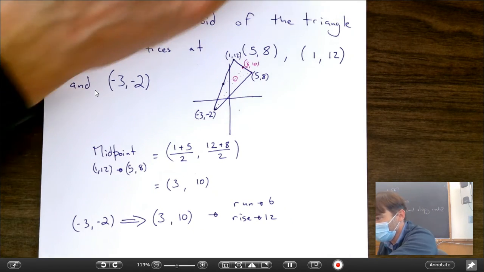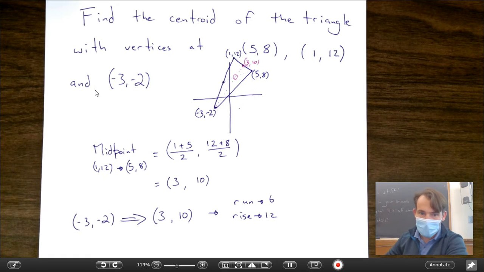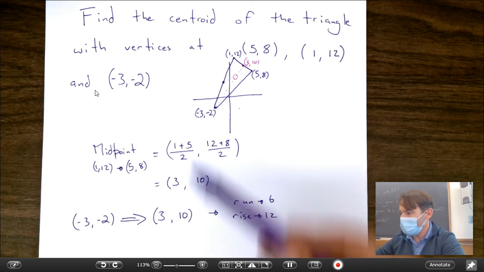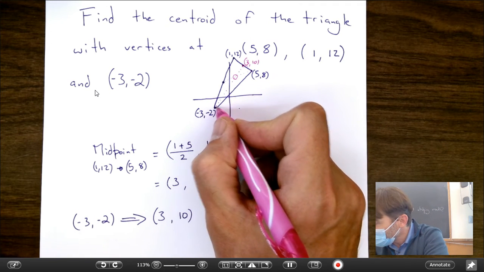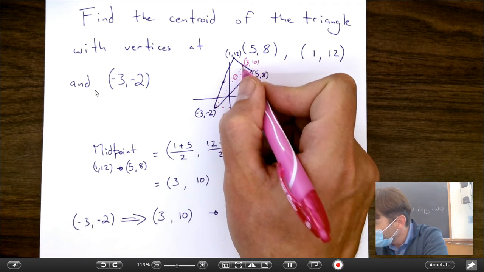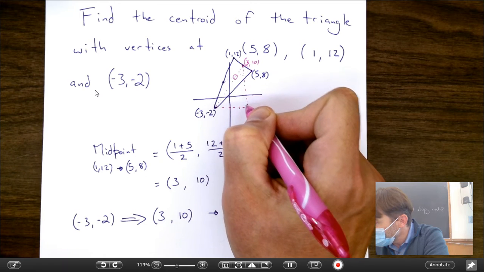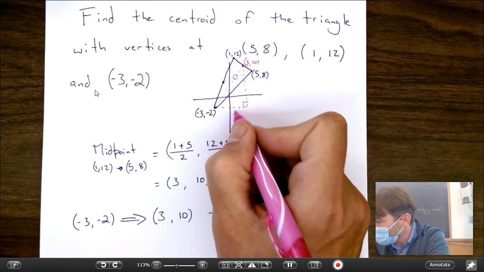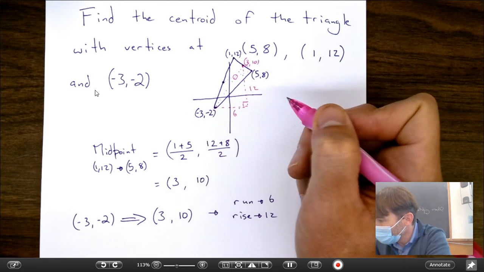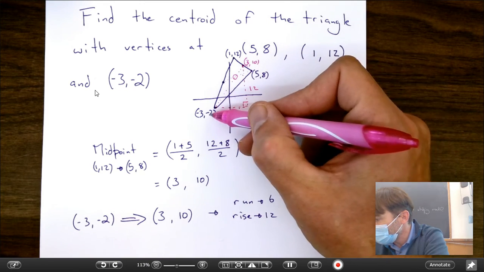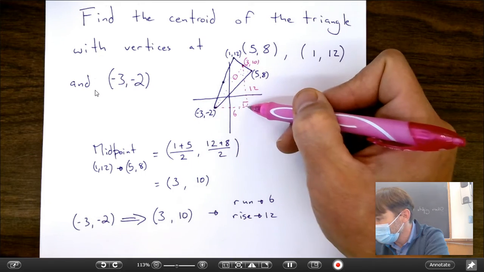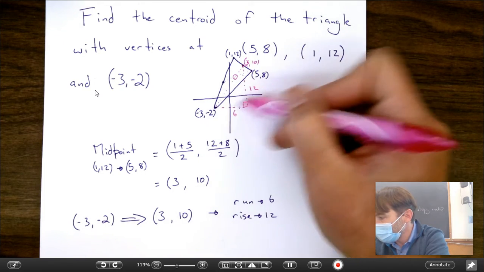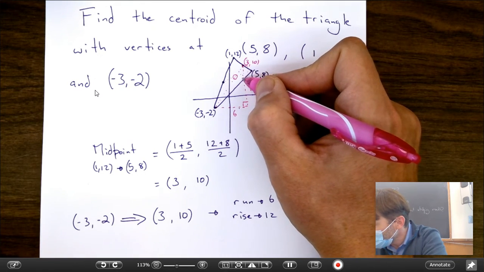If you don't know that trick, this question is a lot harder. So what can I do to find that 2/3 point? Well, I might draw another triangle on here, the triangle that I'm particularly interested in, and it has this run of 6 and this rise of 12. I get that just by 10 minus -2 is 12, and 3 minus -3 is 6, and so that's my big triangle. What is this small triangle here?